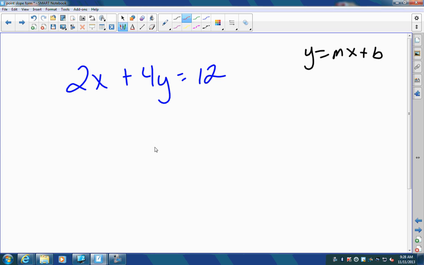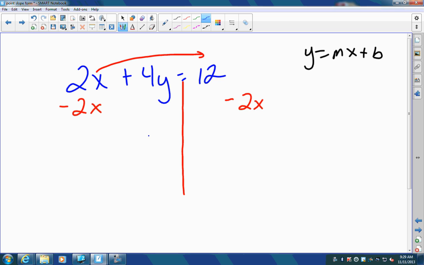So what do we do first? We want to move this 2x to the other side, and I can't just put it over there. So I need to subtract 2x from each side, and I get 4y equals negative 2x plus 12. From here, we divided by 4.